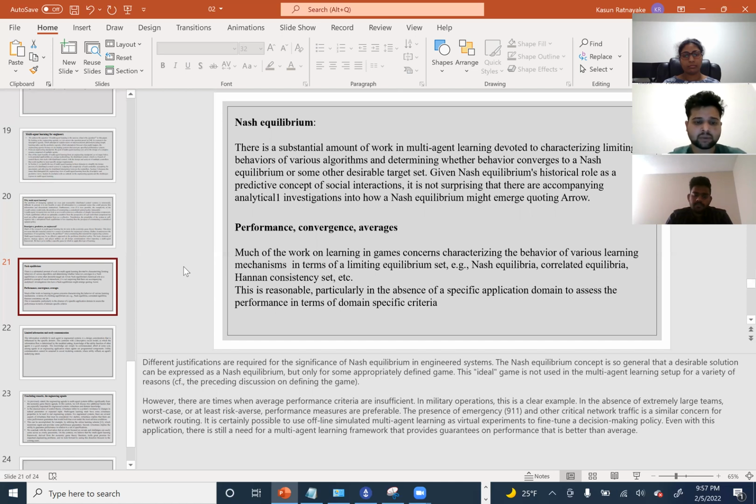And it is certainly possible to use offline simulated multi-agent learning as virtual experiments to fine-tune a decision-making policy. Even with this application, there is still a need for a multi-agent learning framework that provides guarantees on performance that is better than the average ones.